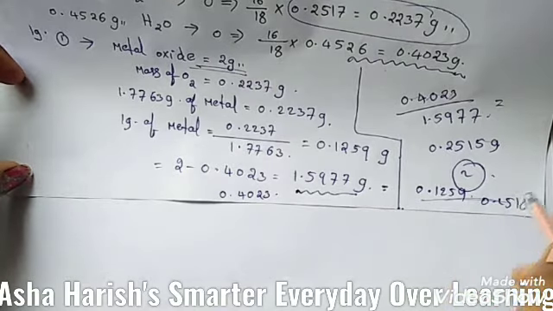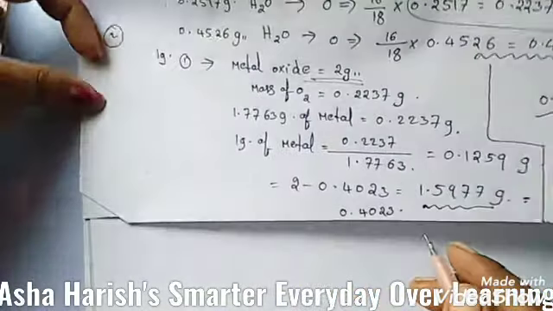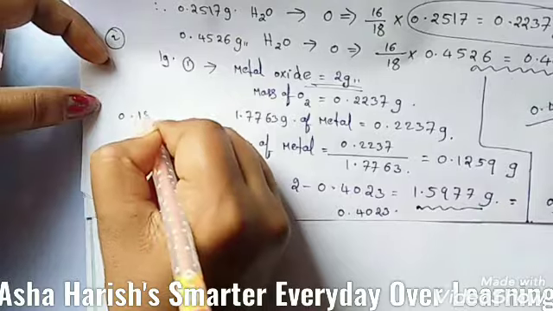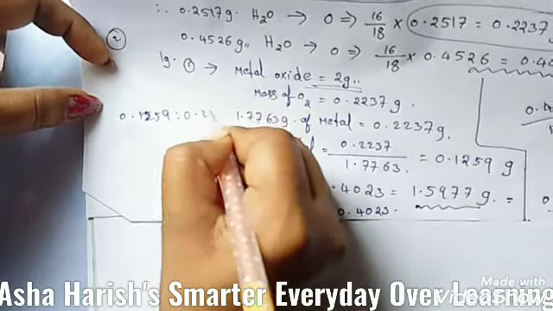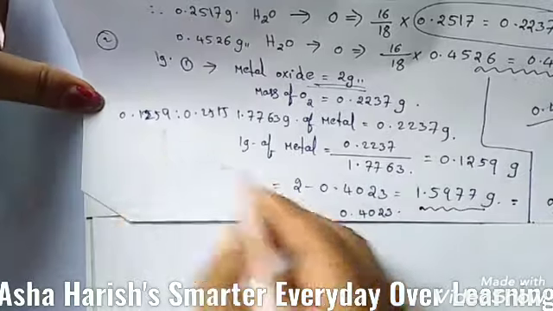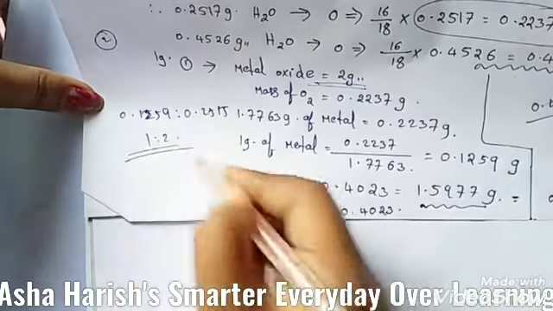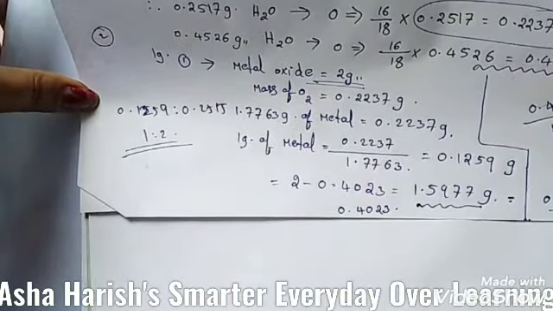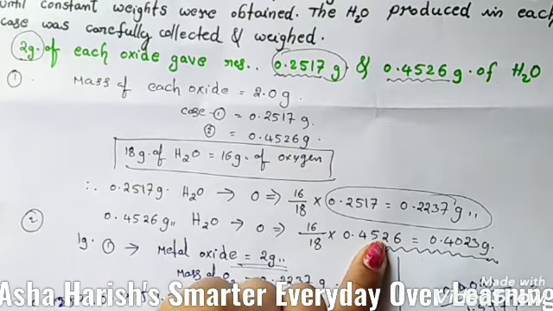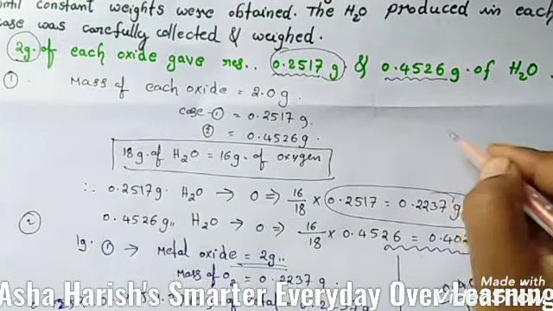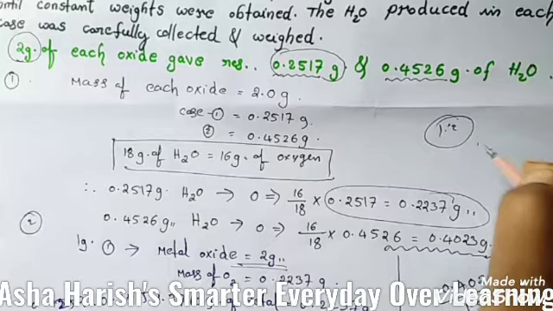These are in the ratio of 0.1259 is to 0.2515, or 1:2. Since it is a simple ratio, the above results establish the law of multiple proportions. This is only example 2. Final answer 1:2, the ratio we got.